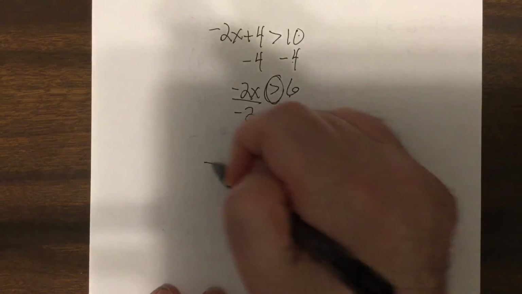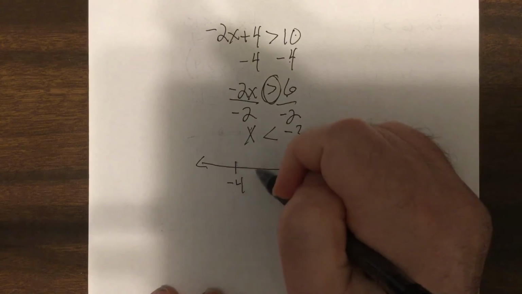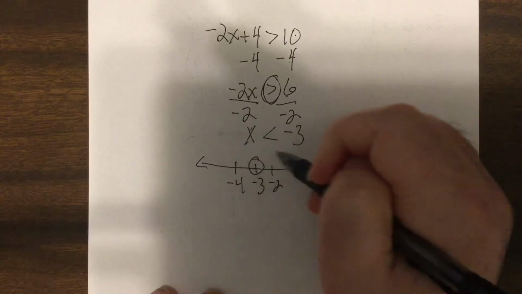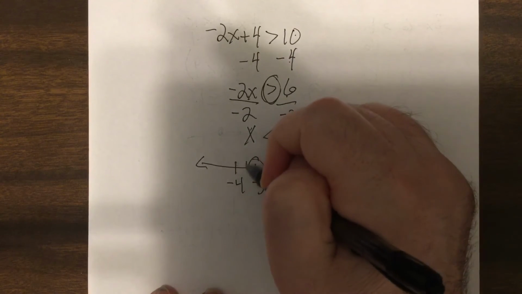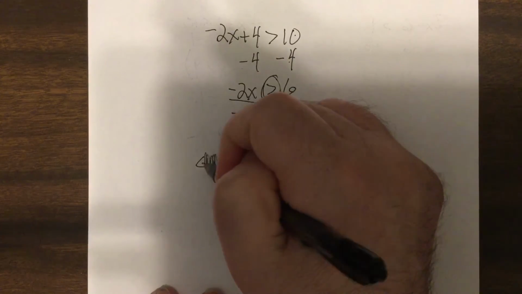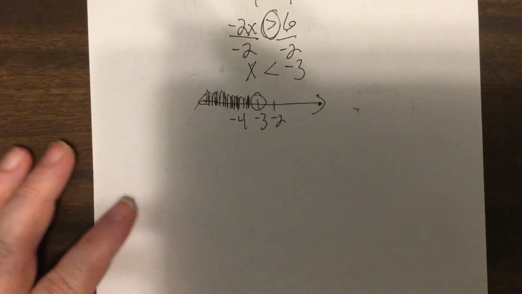Then to graph it, I have negative 4, negative 3, negative 2, open dot because there's no equals, and then shade to the left.